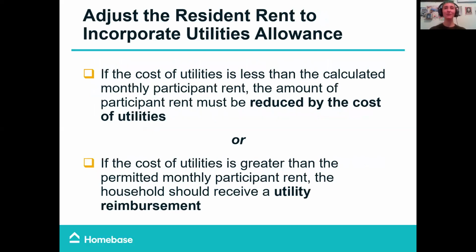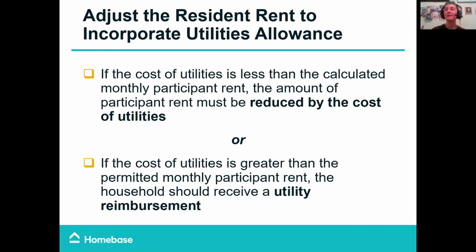Right. So we're almost there. You have calculated the client portion of rent for your client, and you've identified the utilities that they're responsible for paying and what the reasonable utility amount is on the PHA's utility schedule. If the cost of the utilities is less than the calculated monthly participant rent, right?